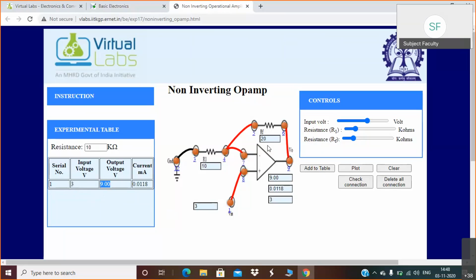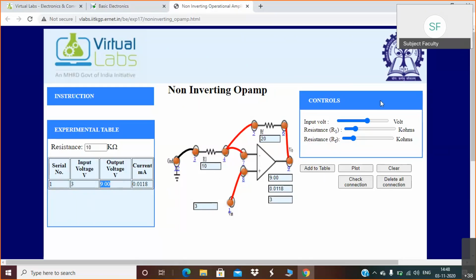So the value of RF is 20 and the value of R1 is 10. So RF upon R1 is 2. 20 divided by 10 is 2 and 1 plus 2 is 3. Okay, so the gain of this circuit is 3. Hence, when input voltage is 3 volt, the output is 9 volt.